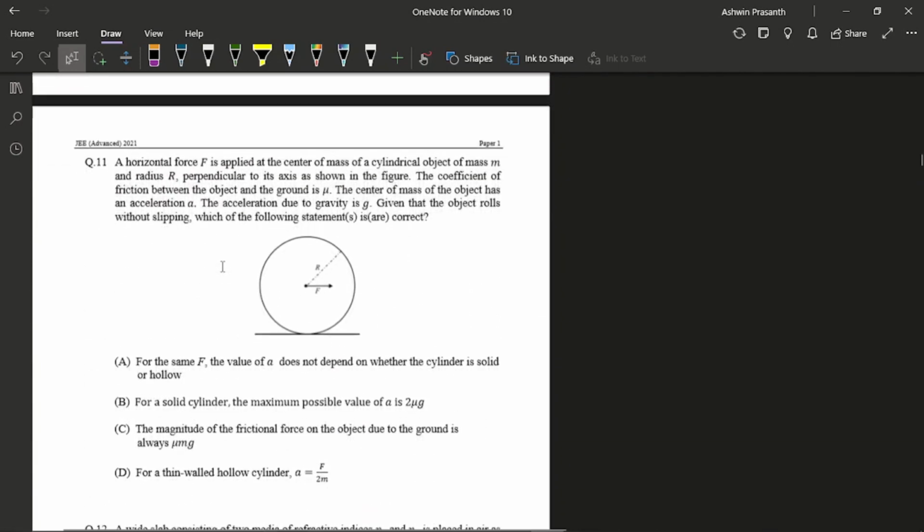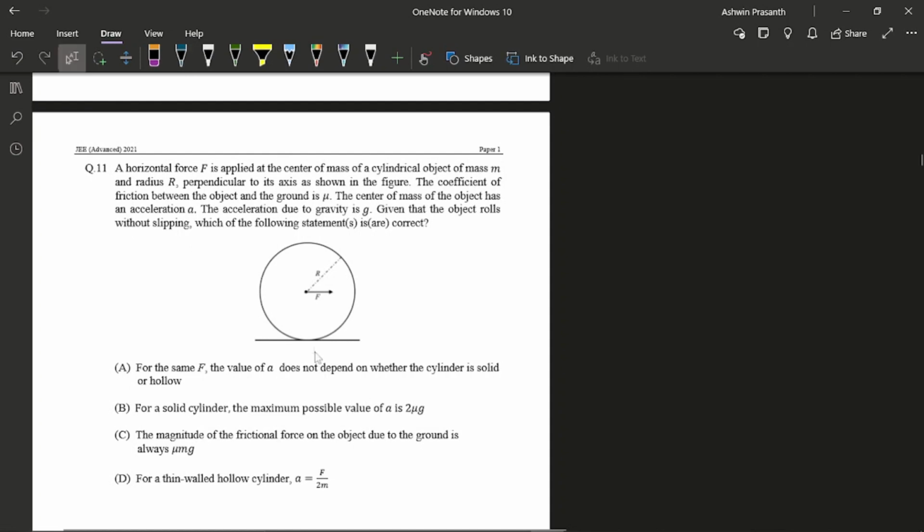Then this is the next question. If you were to do it in the normal way, like writing a_cm, alpha using the pure rolling condition, writing all the equations, it would grow really lengthy. Then luckily I knew a trick for this. For some force F applied at a distance x from the center of mass for a body with I equal to kmr squared, the friction is F into (x minus kr) by r into (1 plus k).